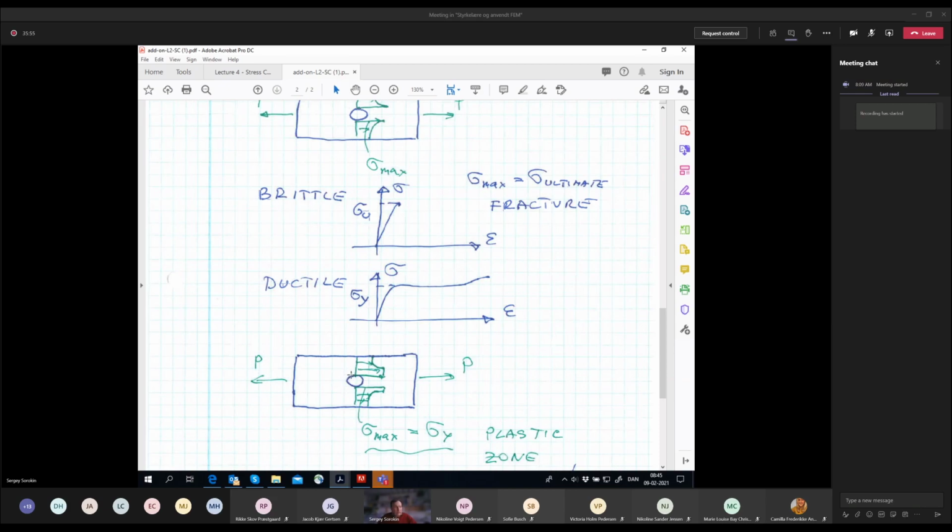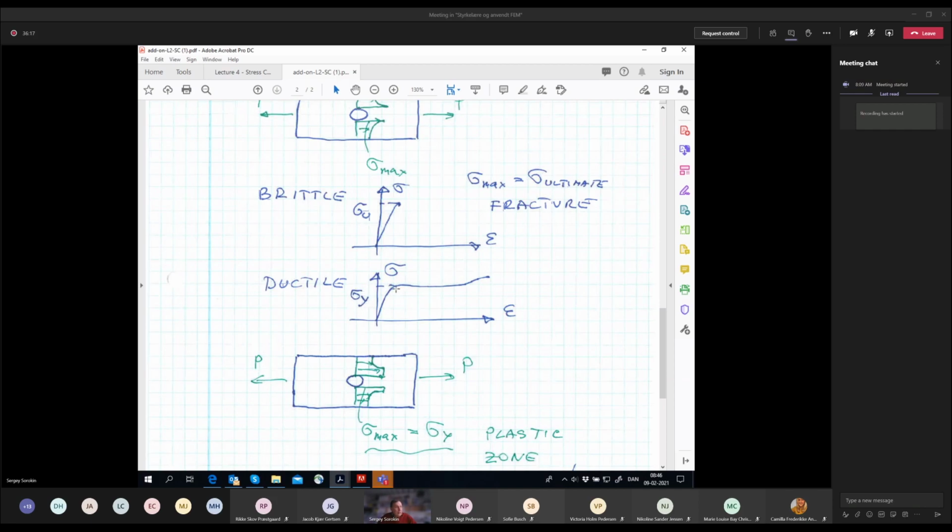Now let's take a look at the performance of this ductile material in the case of the stress concentration. You have the increase of the force, and it happens that you have hit the yield stress. So now our sigma max becomes the sigma yield.